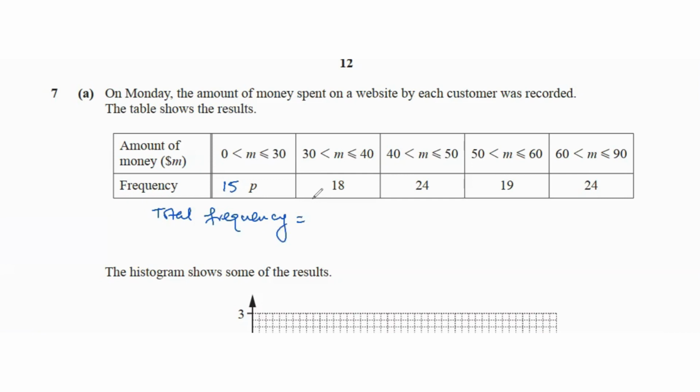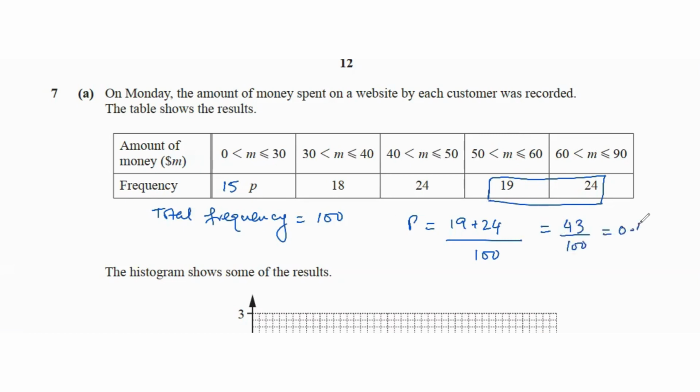So 15 plus 18 plus 24 plus 19 and plus 24 again. That is 100. So greater than 50 is 19 and 24. So our probability will be 19 plus 24 over 100, which is going to be 43 over 100, or 0.43.